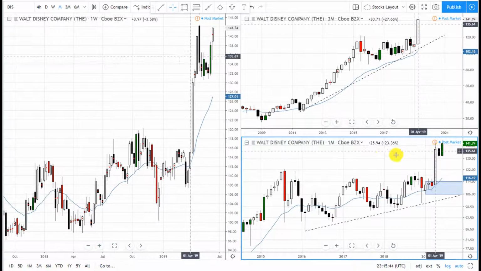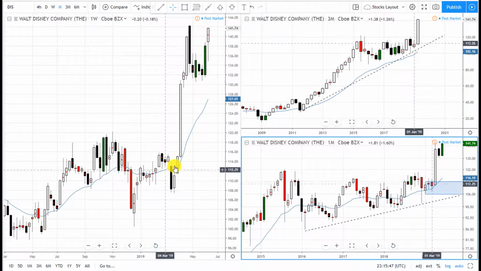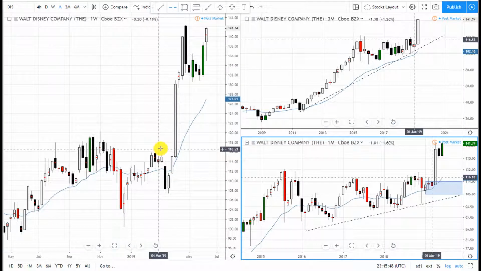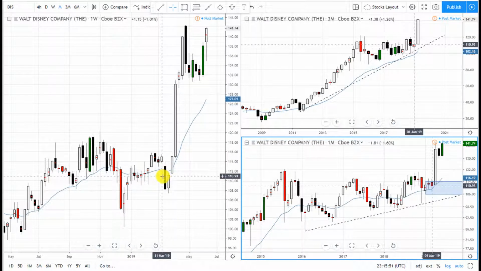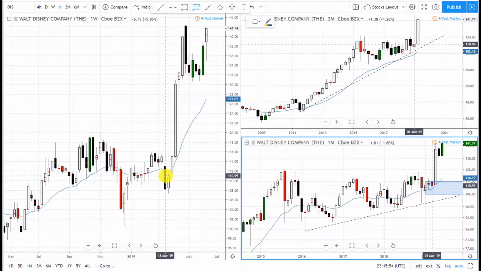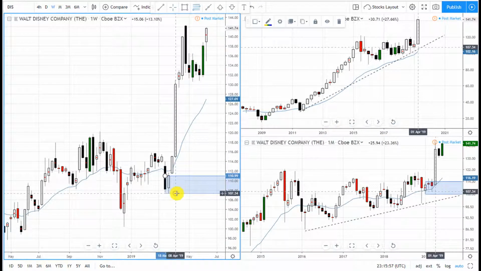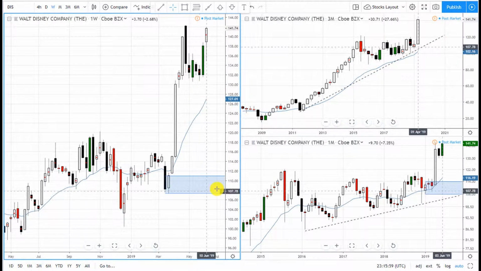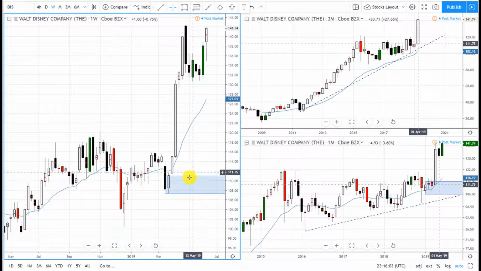Looks like it's going to rally again. And on the weekly, this is the same zone as right here on the monthly, so we know it's a very strong zone because it's located within the monthly and the 3 month chart. So if price retraces down here, this is where we want to buy.